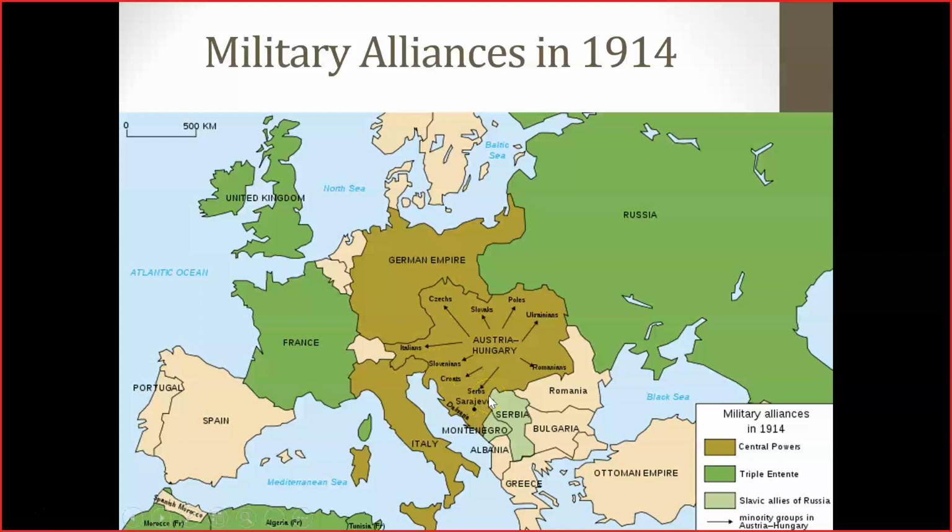All of these groups see a national identity as separate from that of Austria-Hungary and tend to see Austria-Hungary as repressing their identity. And so you have this large empire controlling these people, and you have nationalist movements, particularly that of the Serbians, that are struggling and vying for independence from this large European empire.